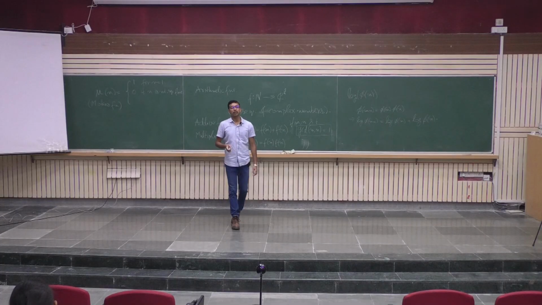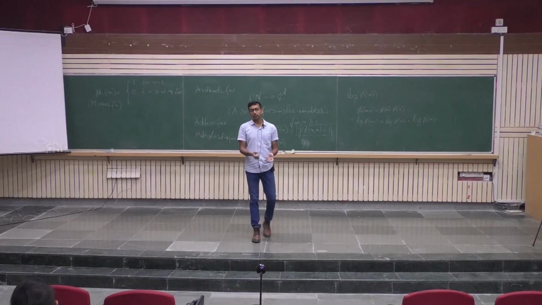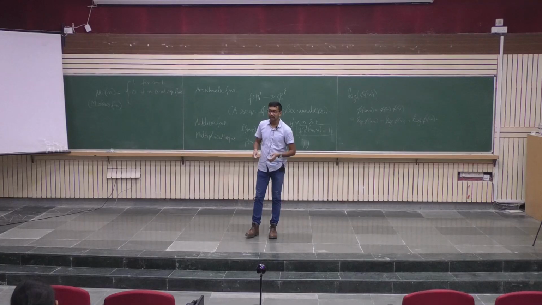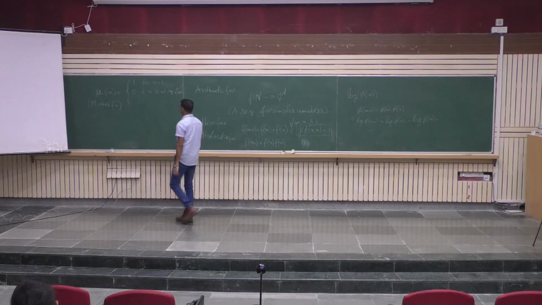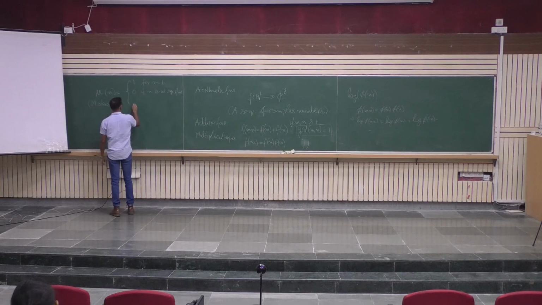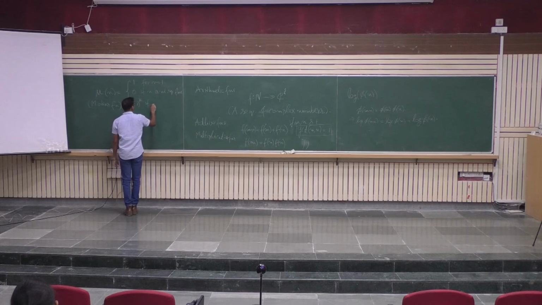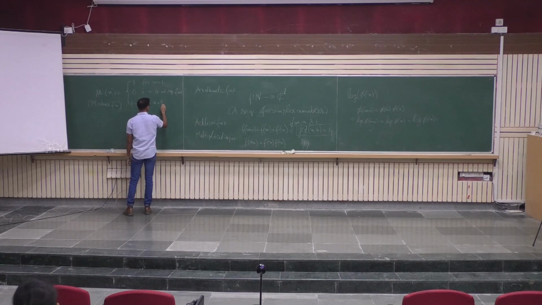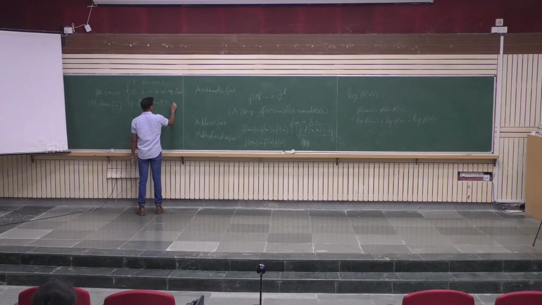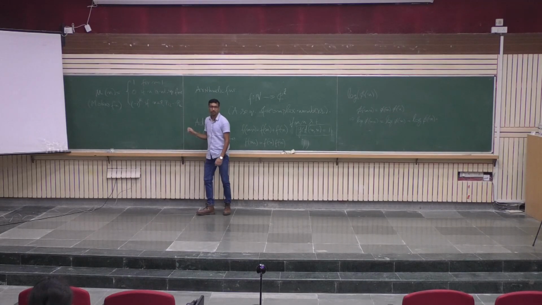Square free means not divisible by the square of some prime, that means it's just a product of, say, k many primes, right? So for those square free numbers, mu of n is defined as minus 1 to the power k if n is a product of k primes.